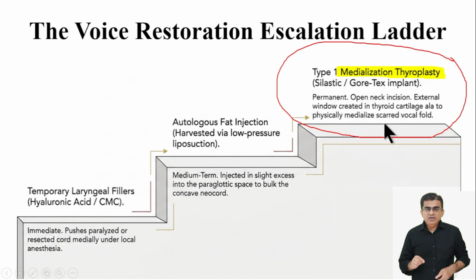Through this window, we place a permanent implant like Celastic or Gore-Tex. This implant physically pushes the scarred, stiff vocal cord permanently to the midline. But you must be extremely careful and patient before you decide to perform this final permanent step.